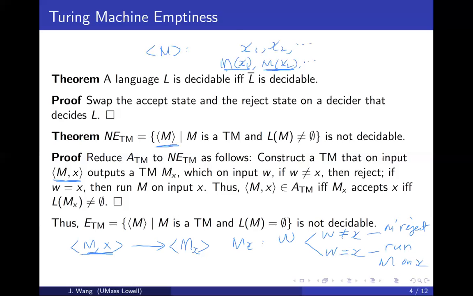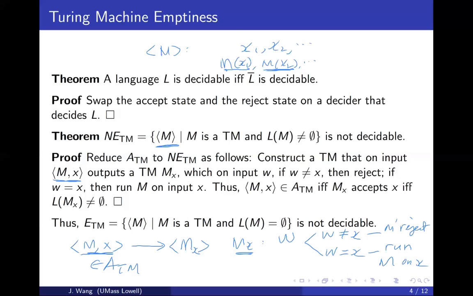If the encoding of M comma X is in A sub TM, that means M accepts X. So when M accepts X, it will accept this X. That means M on input X accepts it.